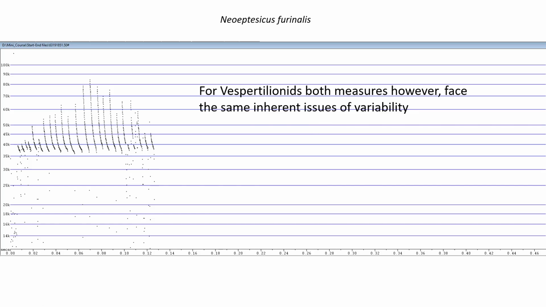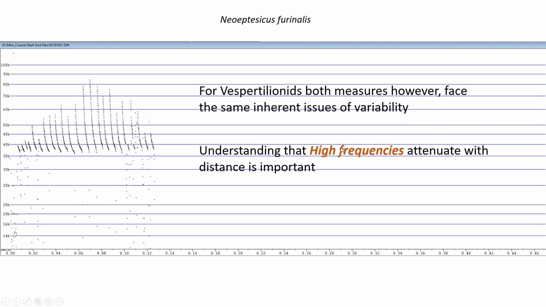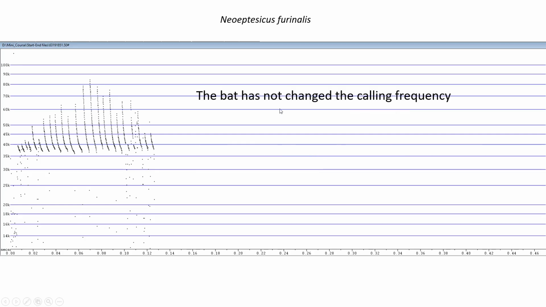However, both measures face the same inherent issues of variability. It's important that all of you understand that high frequencies attenuate with distance, and this is important. The bat has not changed the calling frequency. So, in this case, this would be what the calling frequency of this Neoptesicus furinalis was actually emitting.